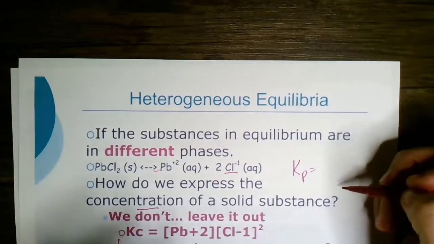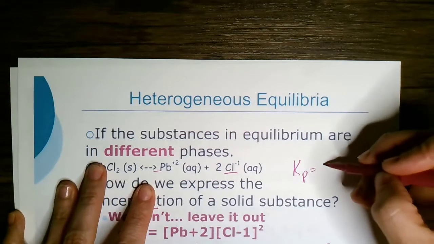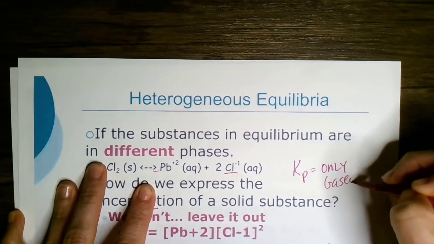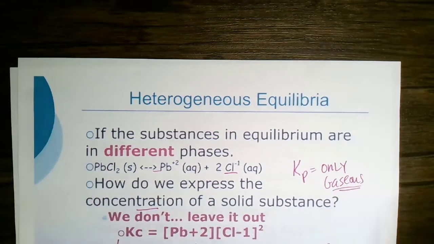And if you think about pressure, it's right up here. Pressure is only gases. Only gaseous substances are applicable to Kp for pressure. We measure pressure in atmospheres or kilopascals, but that's only for gaseous substances.